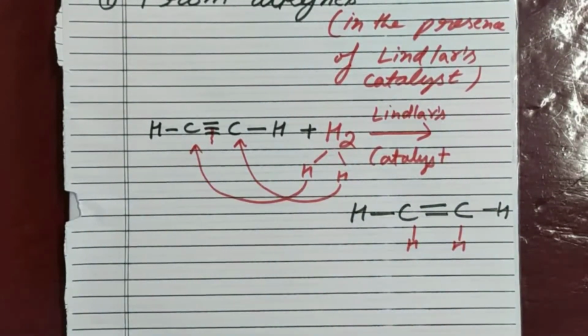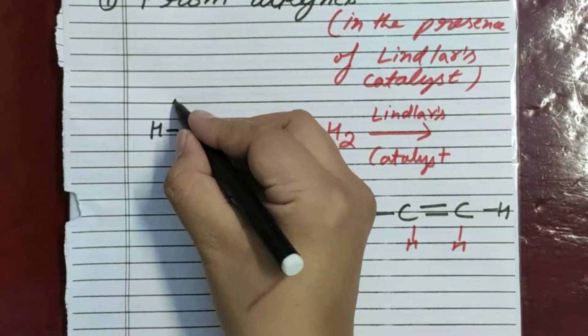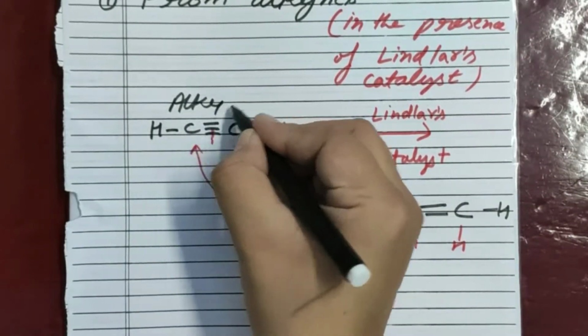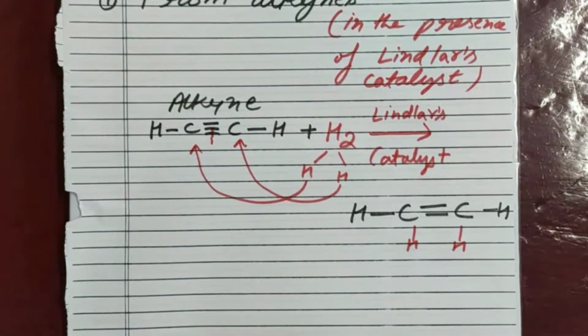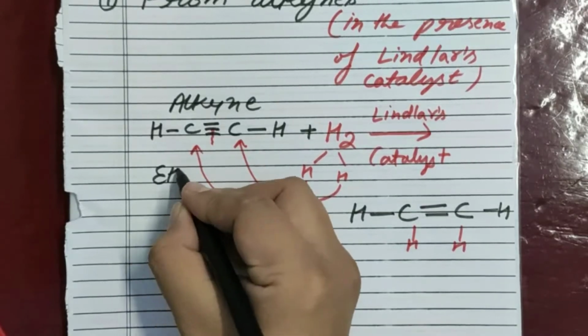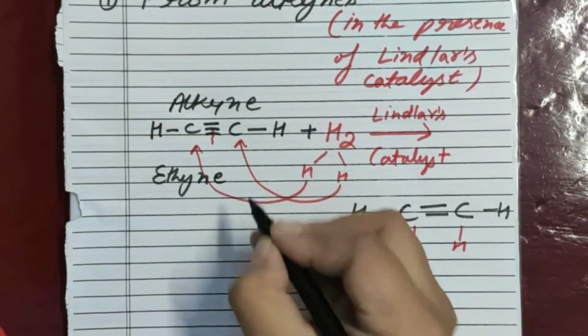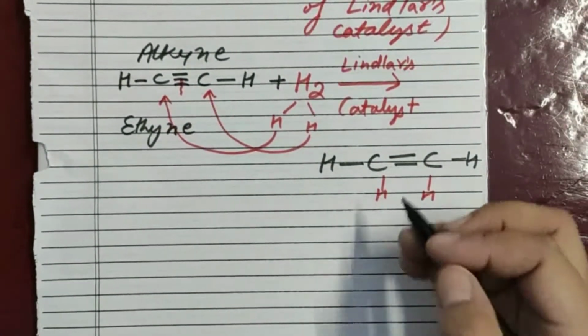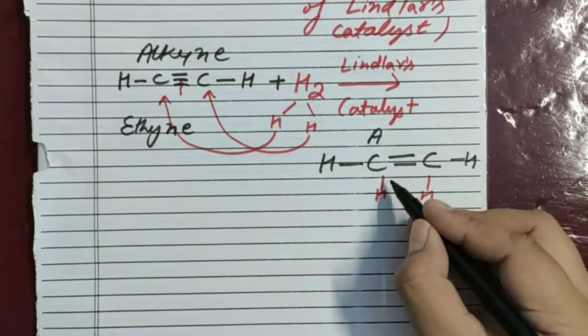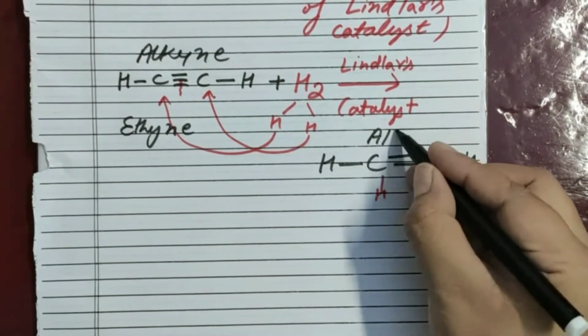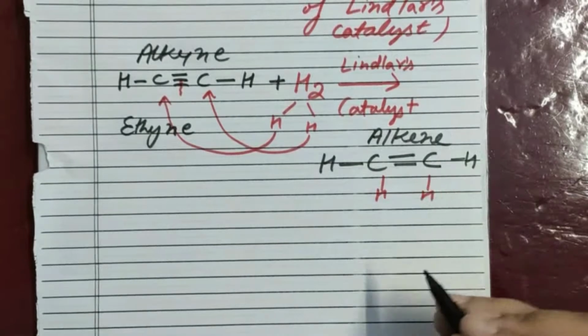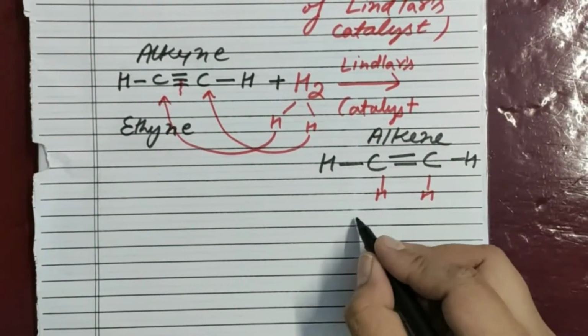This compound having carbon triple bond carbon is your alkyne, and its IUPAC name is ethyne. And after reaction, alkene is formed, that is a compound having carbon double bond carbon. And this compound's IUPAC name is ethene.